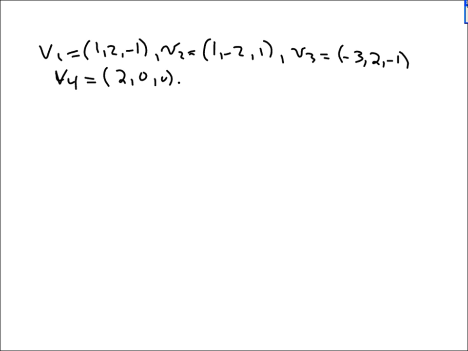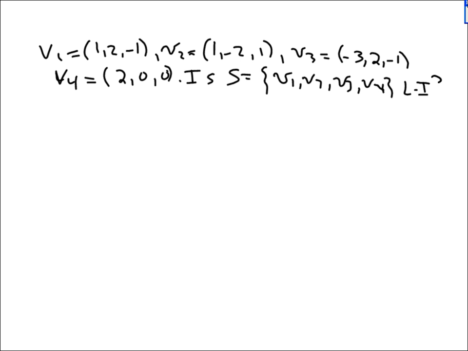And I actually worked out this column because I wanted to get a particular answer. So the question is: S, which equals V1, V2, V3, V4, is it linearly independent or linearly dependent? Is it a linearly independent set?